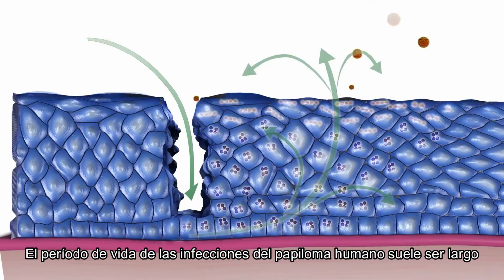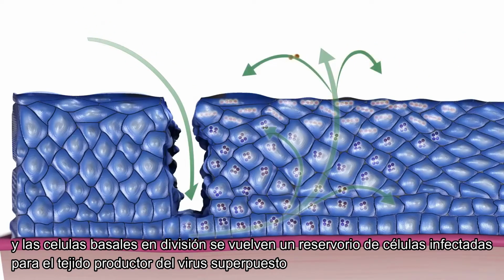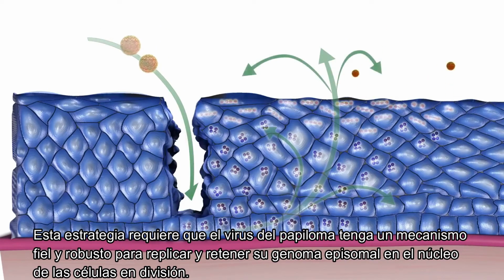Papilloma virus infections are usually long-lived, and the dividing basal cells provide a reservoir of infected cells for the overlaying virus-producing tissue. This strategy requires that the papilloma viruses have a faithful and robust mechanism to replicate and retain their episomal genomes in the nuclei of the dividing cells.